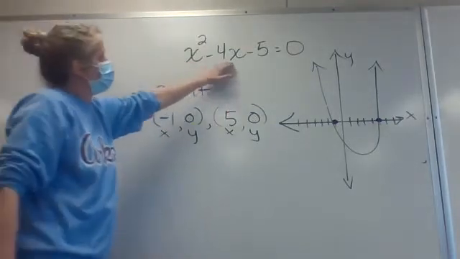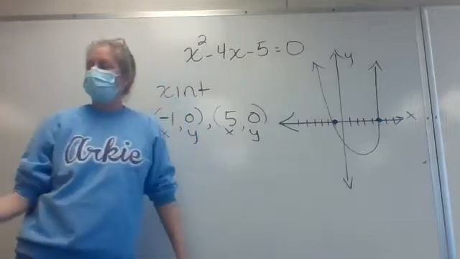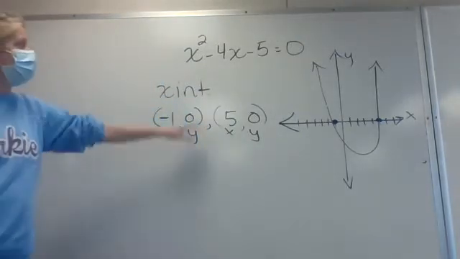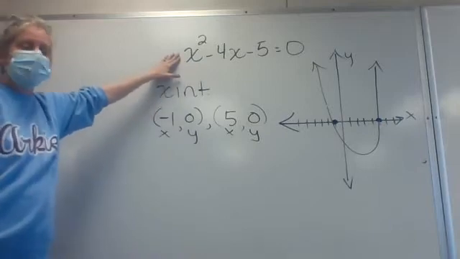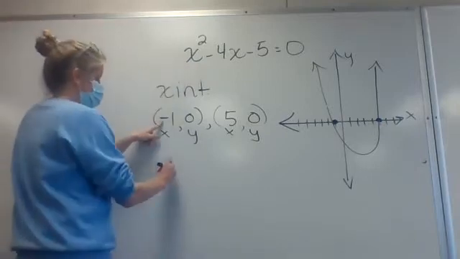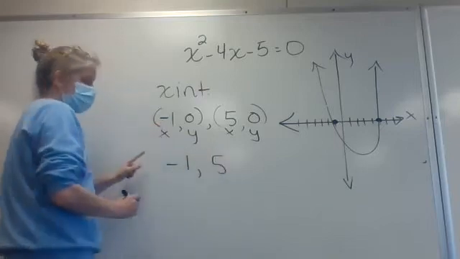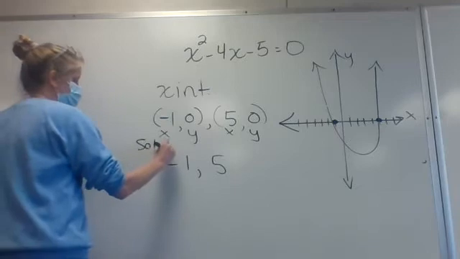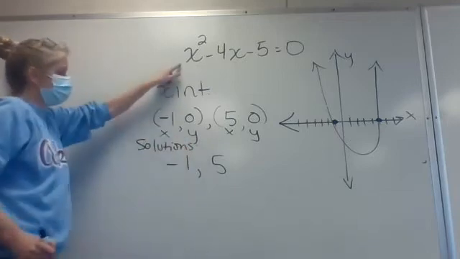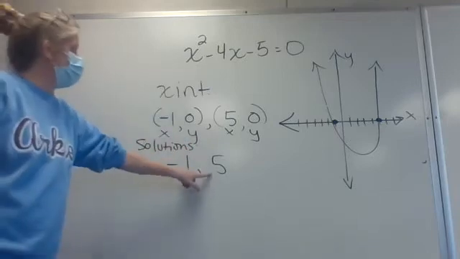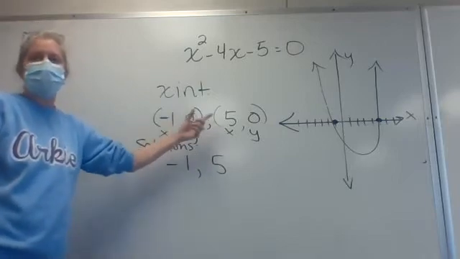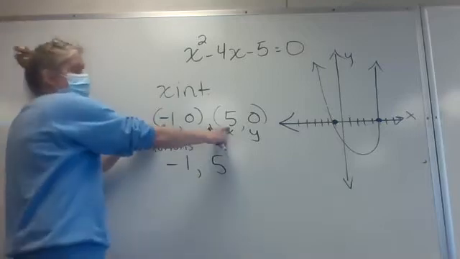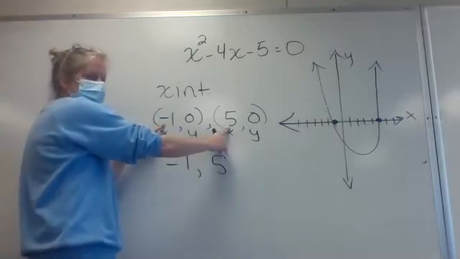If I plug this in my quad program and get the solutions, or the zeros of this quad equation, what do you think they're going to tell me? -1 and 5. So the second part asks you for the solutions to this quad equation, which are -1 and 5. Do you see how that is related to the x-intercepts? They're the same numbers as those x coordinates.